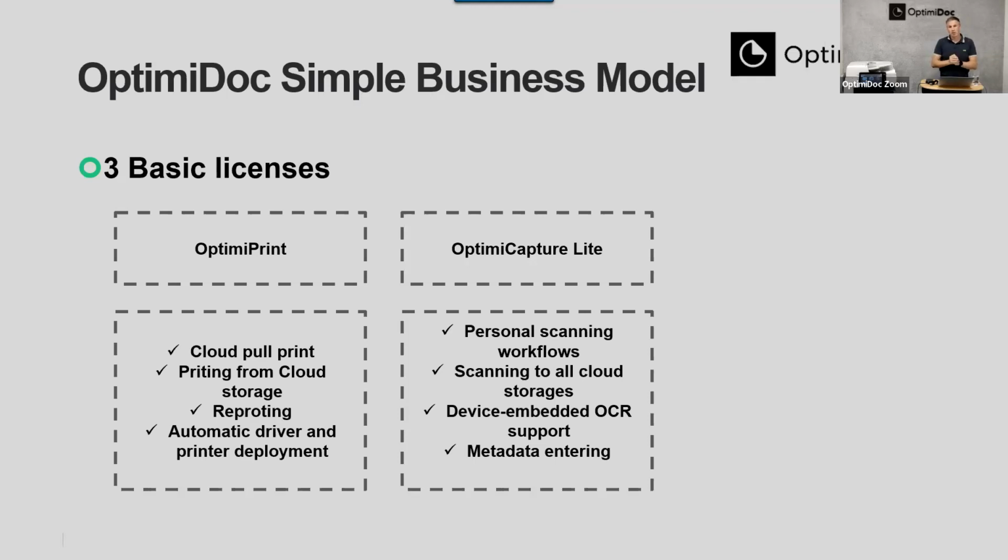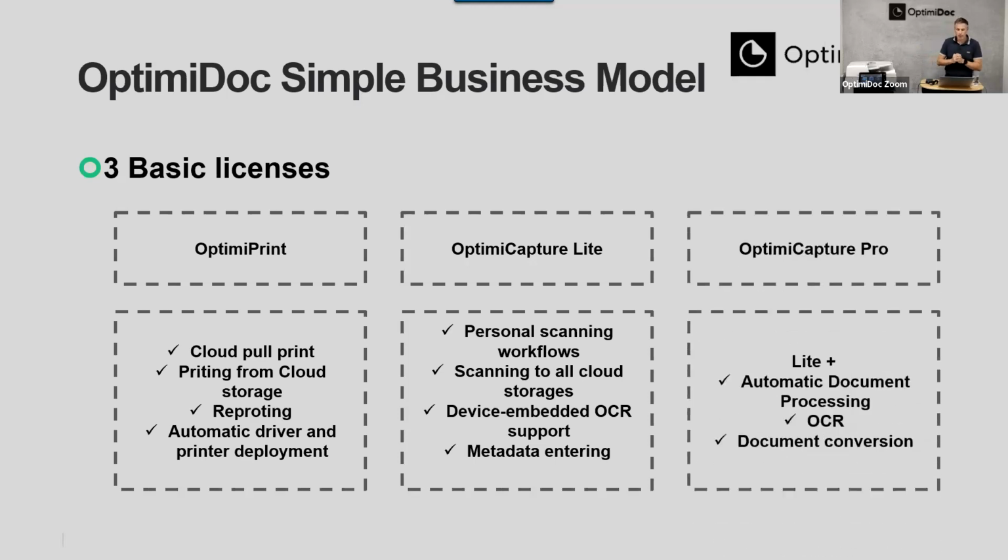And of course, we are supporting a really nice functionality of Xerox devices, and this is the embedded OCR. You can also utilize the metadata, for example for the definition of the file name, for the definition of the final destination of the document, or to define some metadata which are going to be stored with the document.